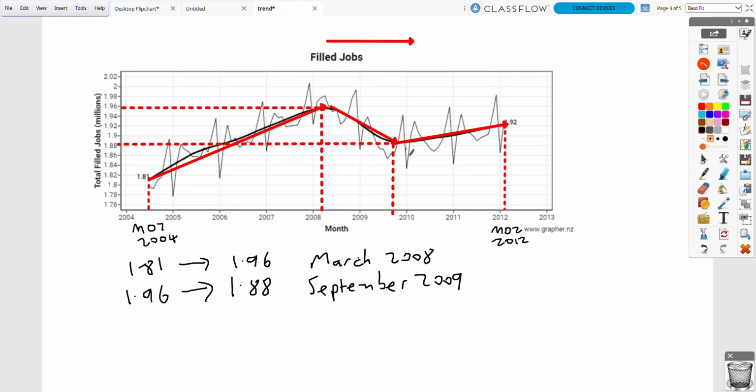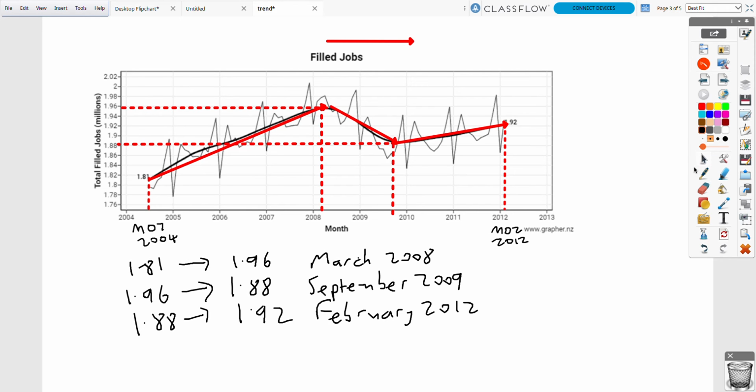And then from September 2009, again, it has risen from 1.88 to 1.92 million total filled jobs by February 2012.